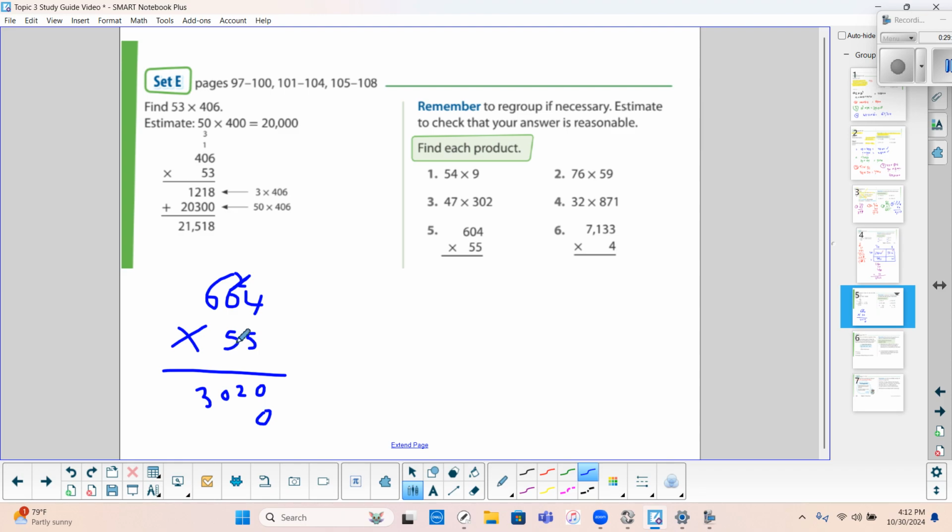So 50 times 4 is equal to 200, so I would put a 0 here. Carry the 2 up there. 5 times 0 is 0, plus 2 is 2. And then 5 times 6 is 30, so I get 30 there.